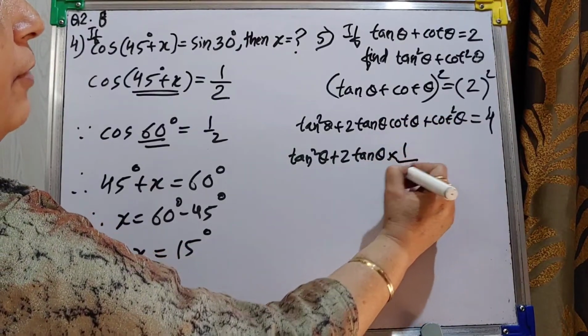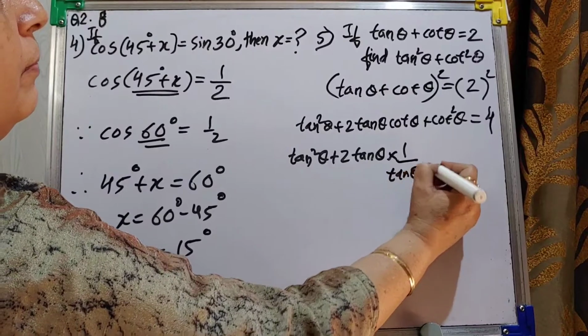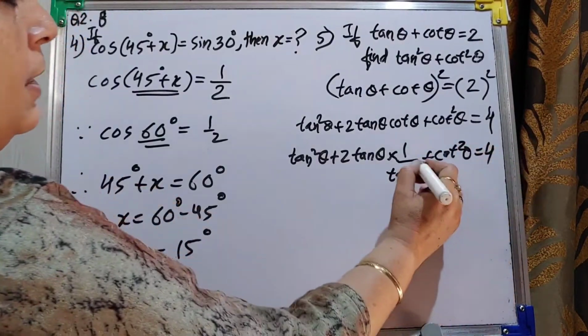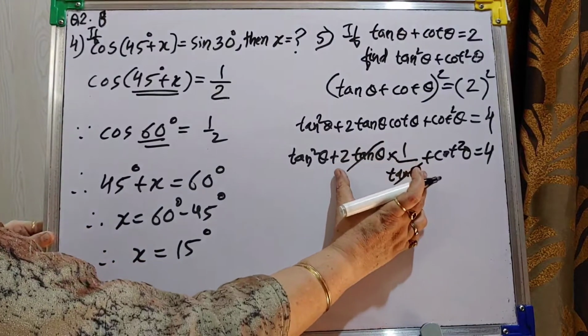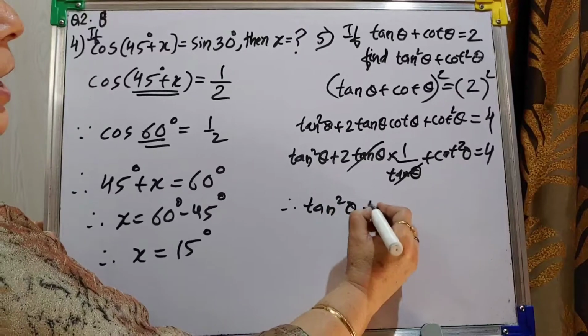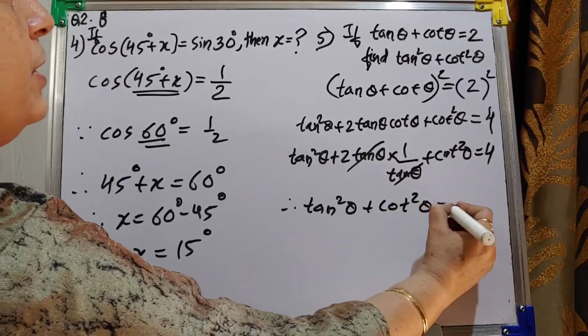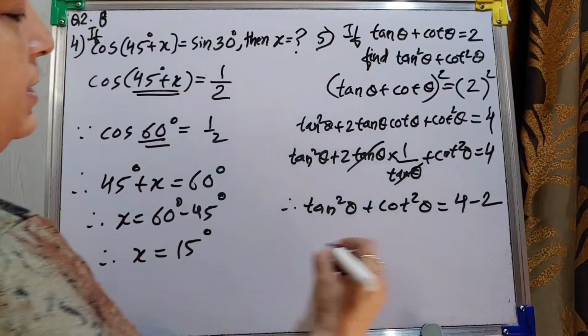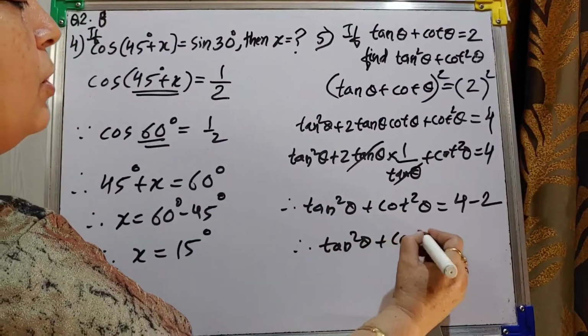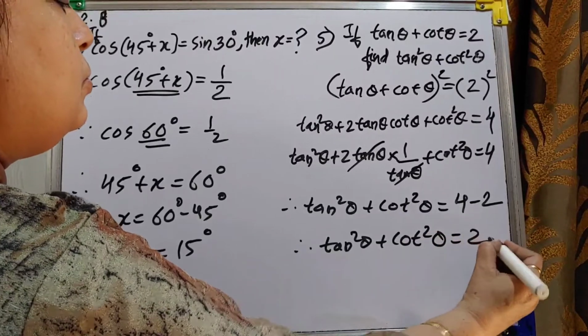Instead of cot theta we can write 1 by tan theta. This will get cancelled, so this part is only 2. I will keep tan square theta plus cot square theta on the left hand side and transfer 2 to that side. So my tan square theta plus cot square theta is also 1 minus 2.